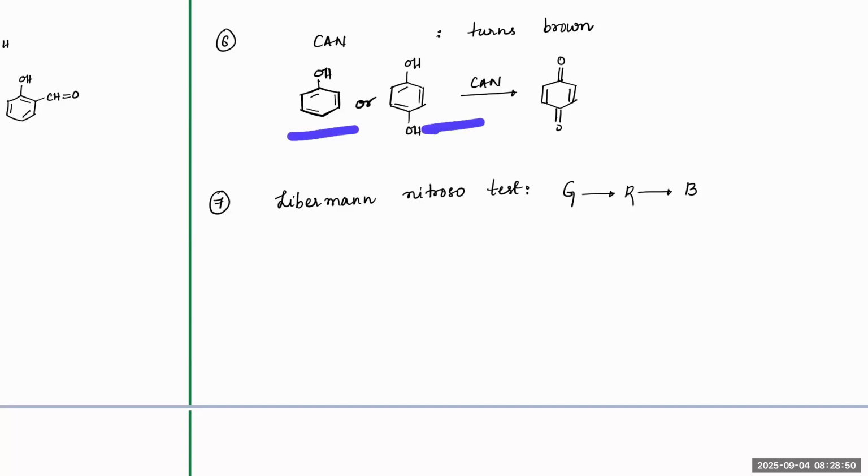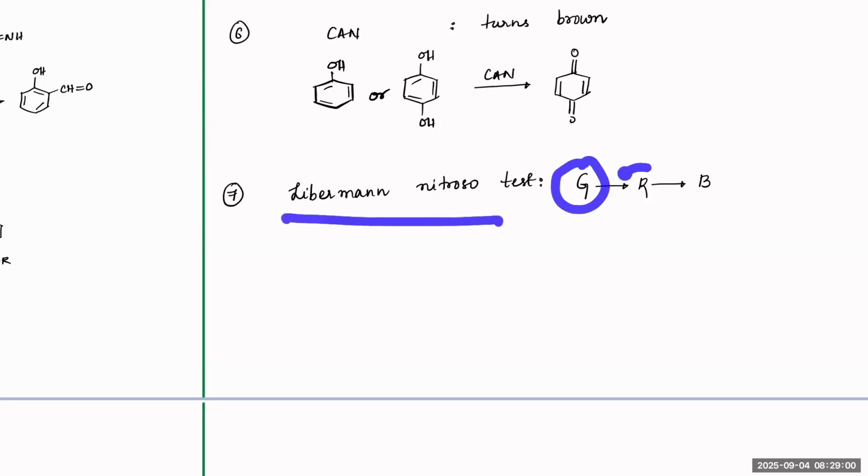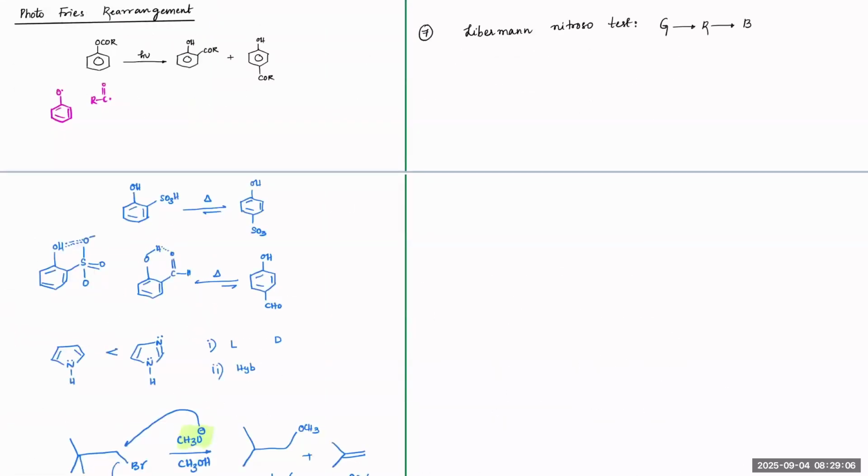So this can be used for oxidizing phenol into quinone form. Liebermann nitroso test we have already seen, green turning into red, turning into blue. So these are typically used as the tests for phenols. Clear, beta? Yes, sir.